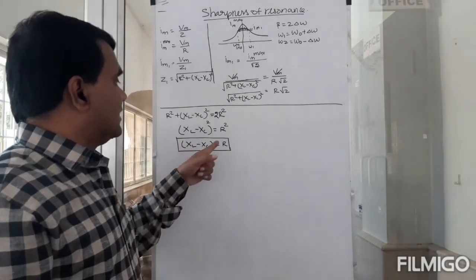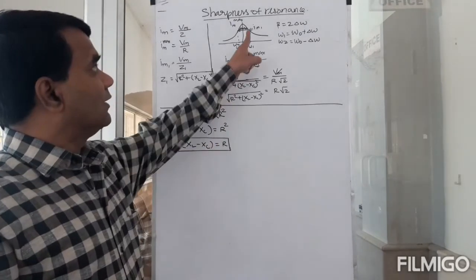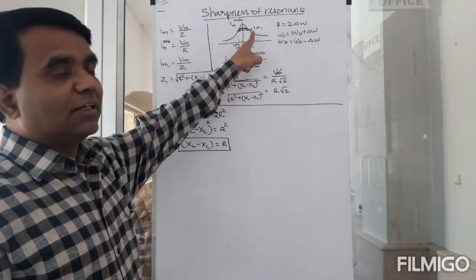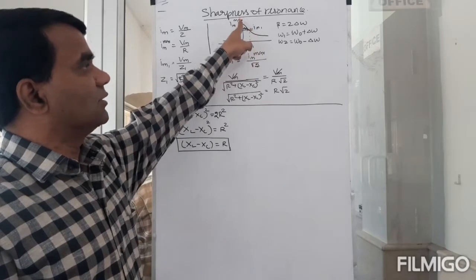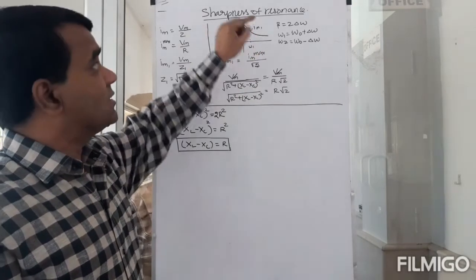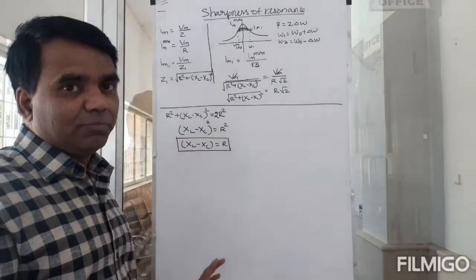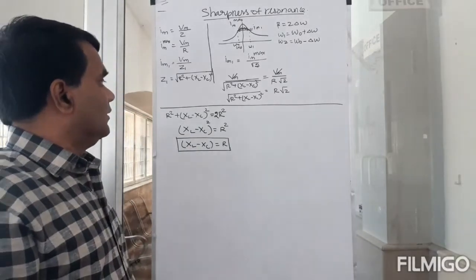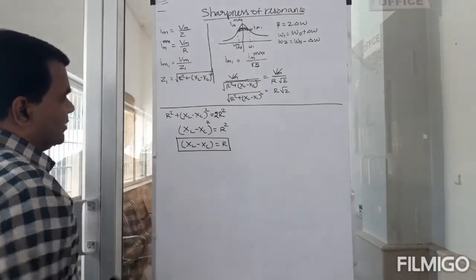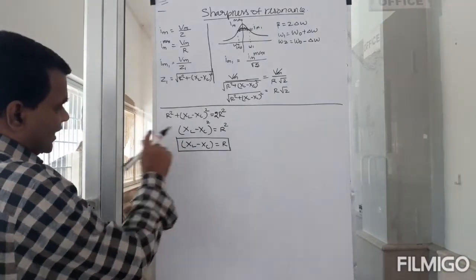When XL minus XC is equal to R, you will have a current that will produce half the power loss as the maximum current. So this is the condition: XL minus XC is equal to R. Then let's see, what is XL?